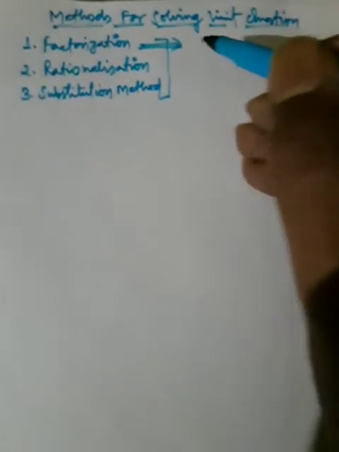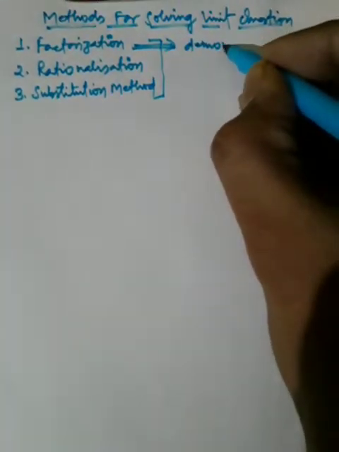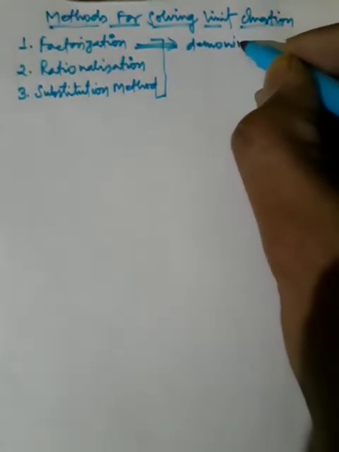But when we talk about factorization method, we make sure that the denominator should not come equal to 0, because if the denominator becomes 0, then the function becomes not defined.